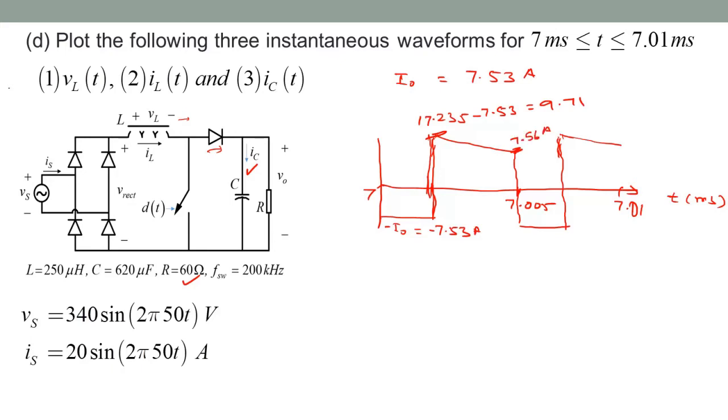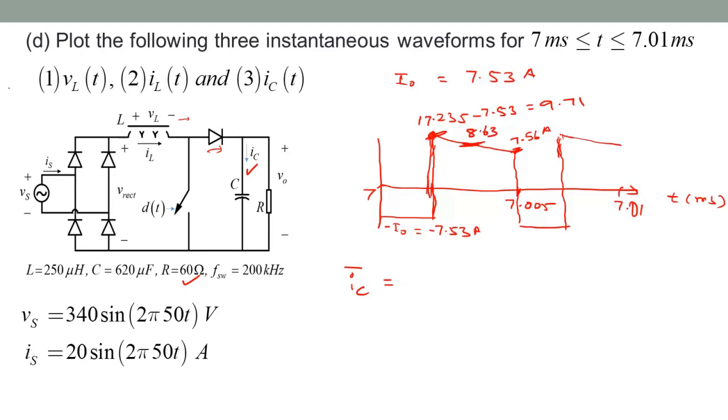Okay. And you can calculate the IC average, cycle by cycle average, during these two switching periods. For that I just calculated the average of just the off interval. This current was basically the average of 9.71 and 7.56, which I calculated was 8.63.